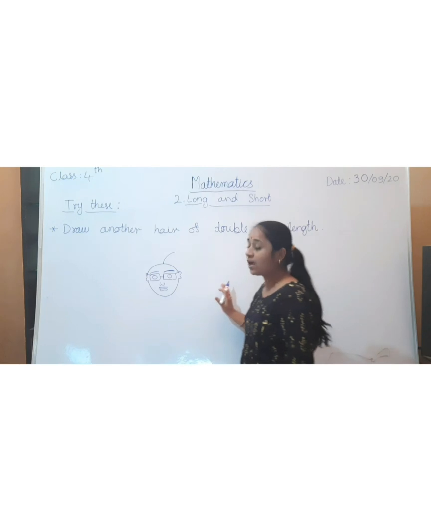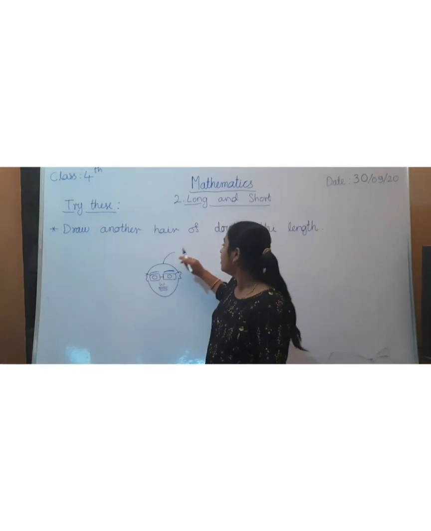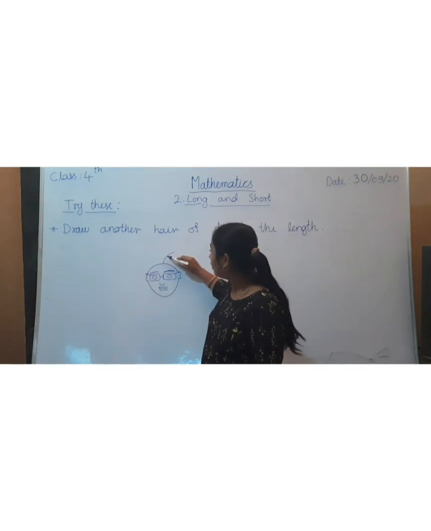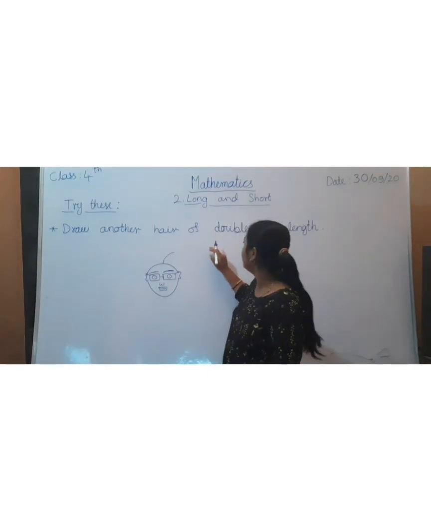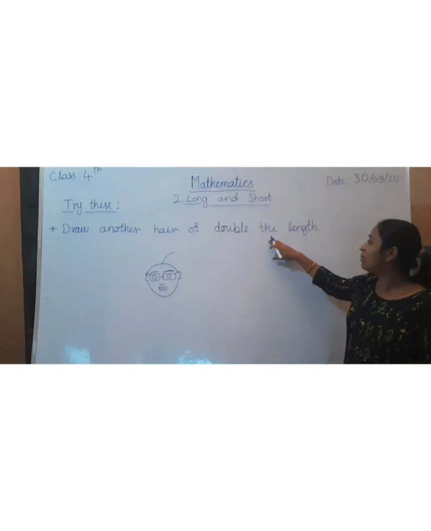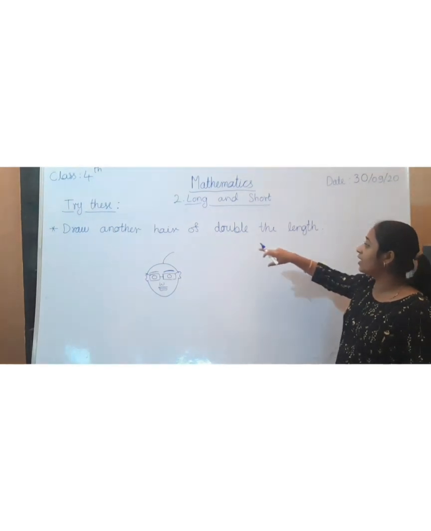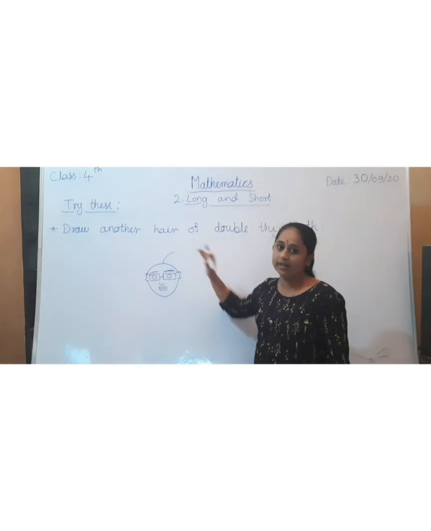Here we have one face image. In this image, only one hair is there. But we have to draw double the length. Draw another hair of double the length of this hair.